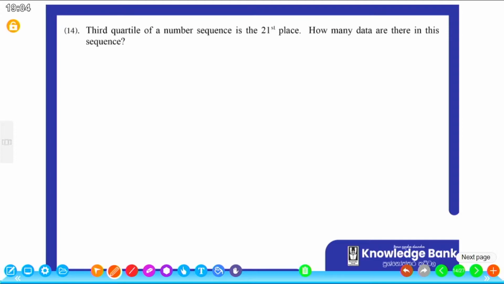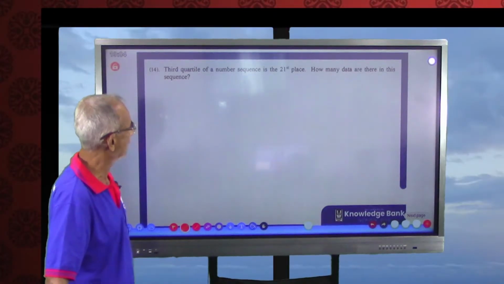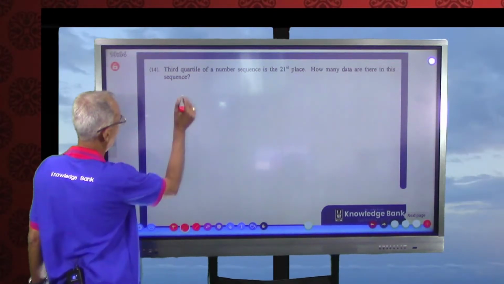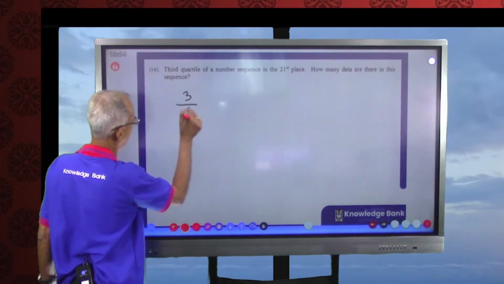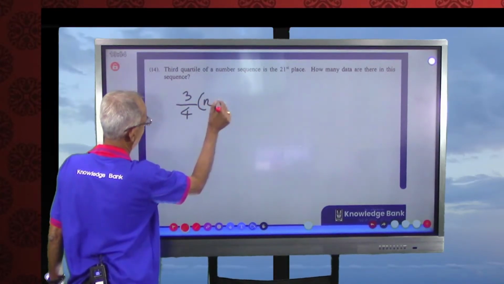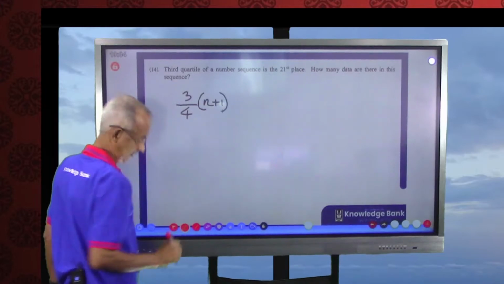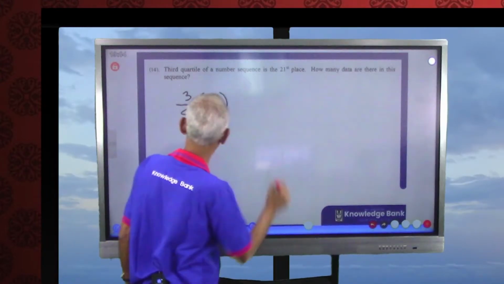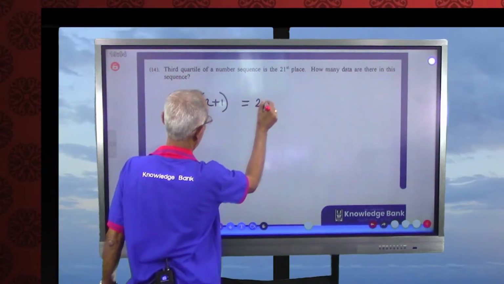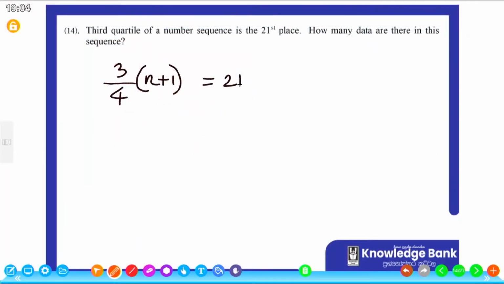How many data are there in this sequence? If there are n data, you can write the third quartile. The third quartile means 3/4 of (n plus 1). That's the position. This is equal to what we have been given, the 21st place. This is equal to 21.